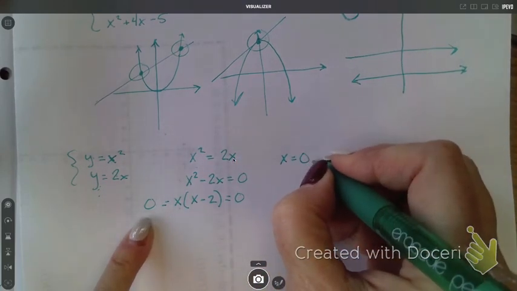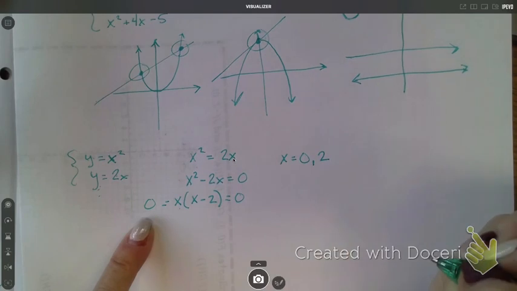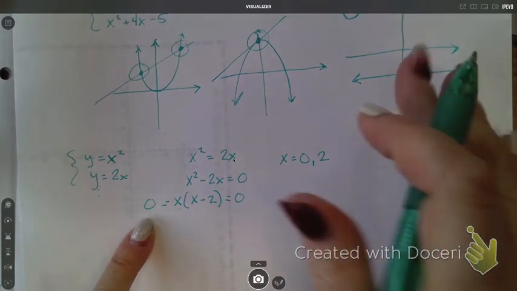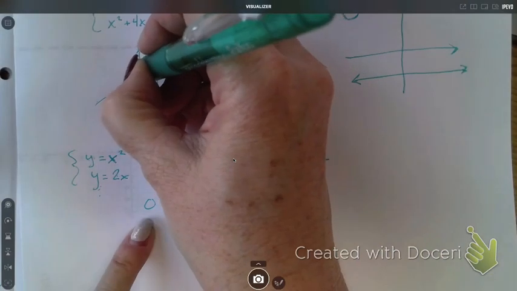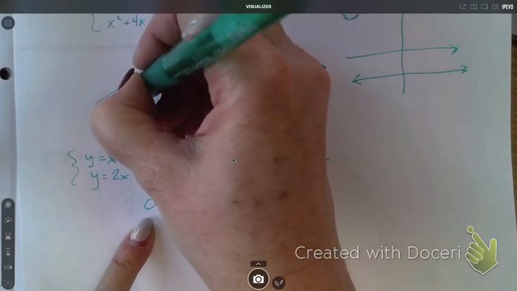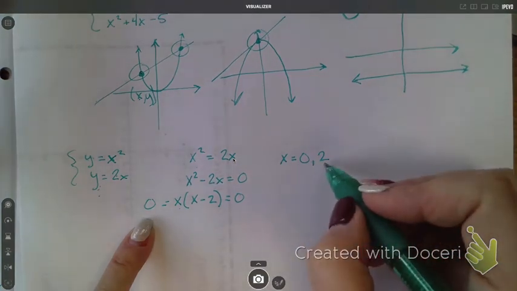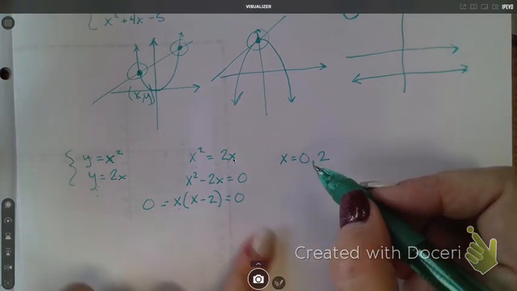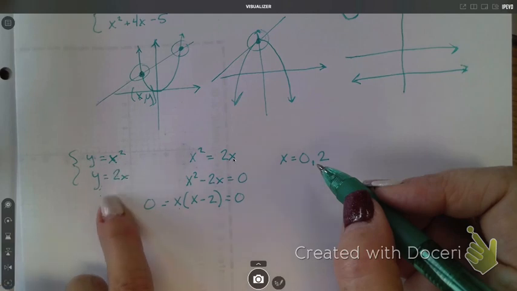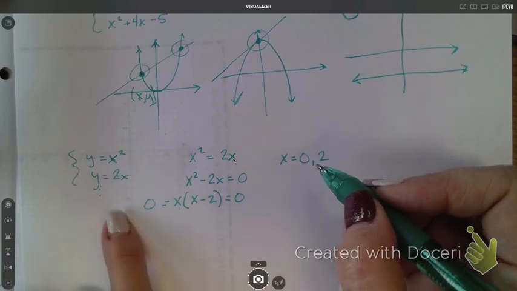So 0 and 2. Those are the x's where they meet, but when we write the solution, we have to write x, y. So I have the x's. How am I going to find the y's? Plug it back in. It doesn't matter which equation, because they're supposed to be equal.